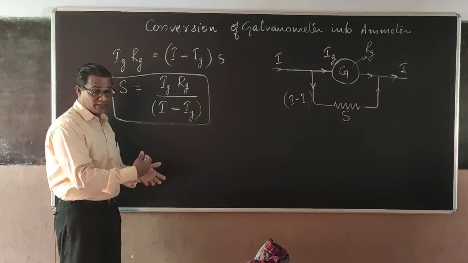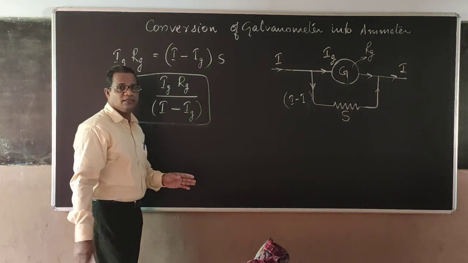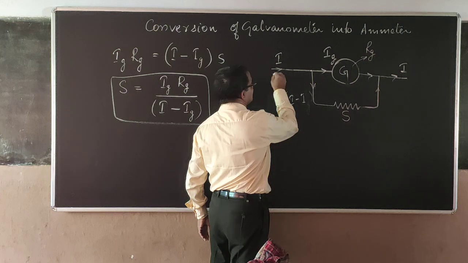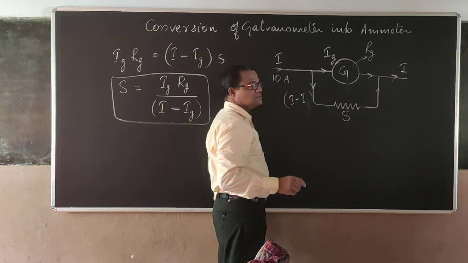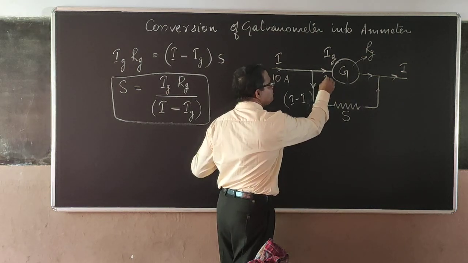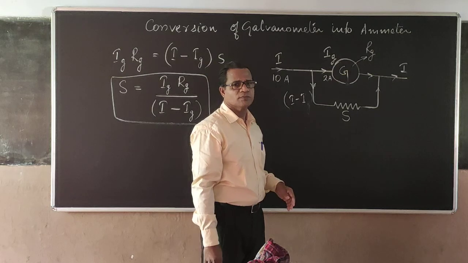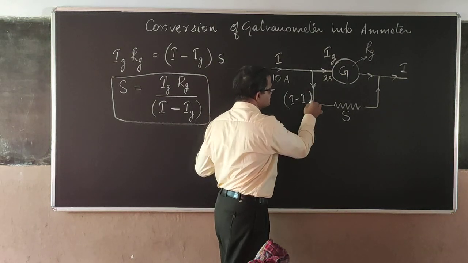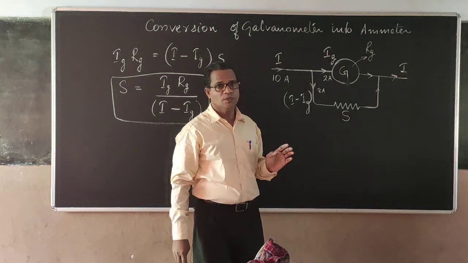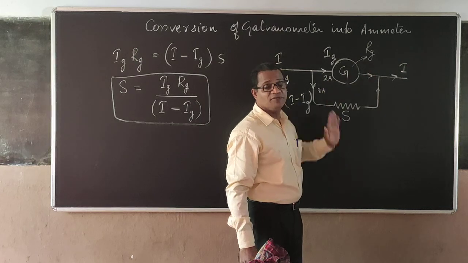Now let us see how it is working. I calculated the shunt and connected it, and let the current to be measured be 10 ampere. It's an example. 10 ampere is to be measured and 2 ampere is the maximum allowed through the galvanometer. Then definitely the shunt resistance will be sending 8 ampere through it. When Ig flows through the galvanometer, it gives the maximum deflection.